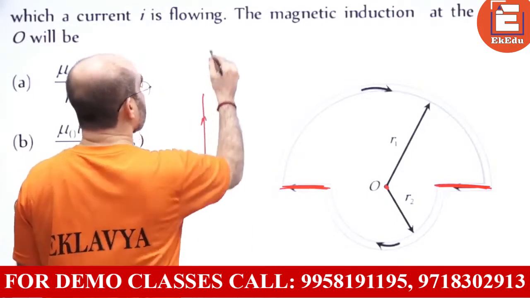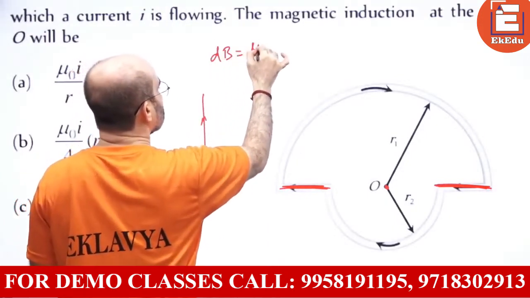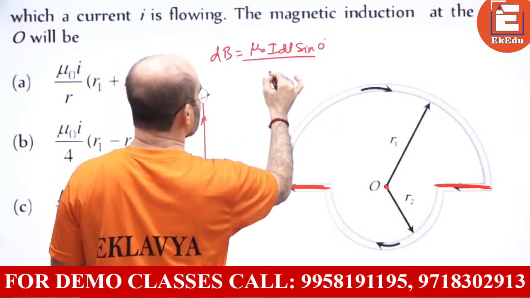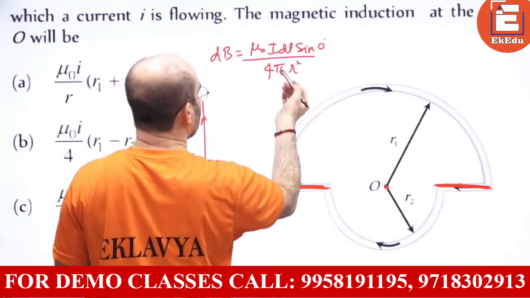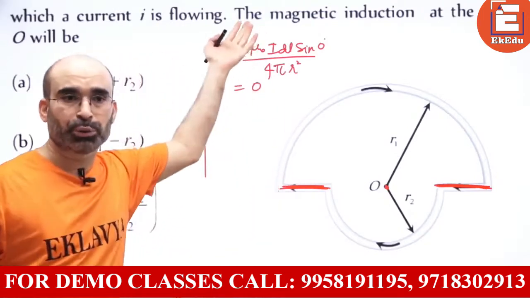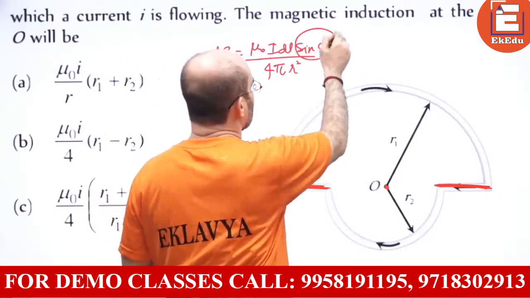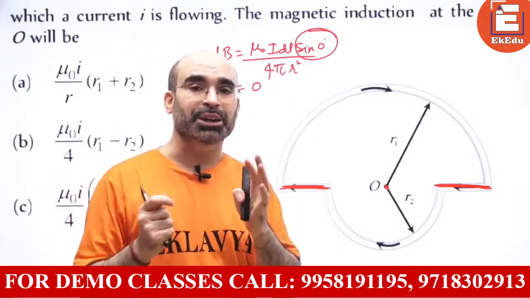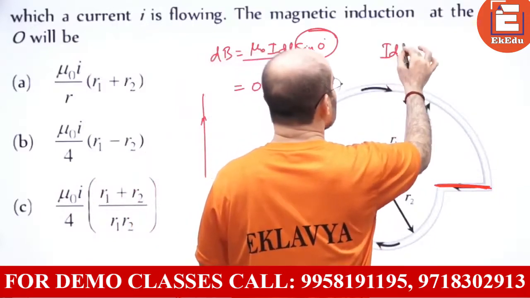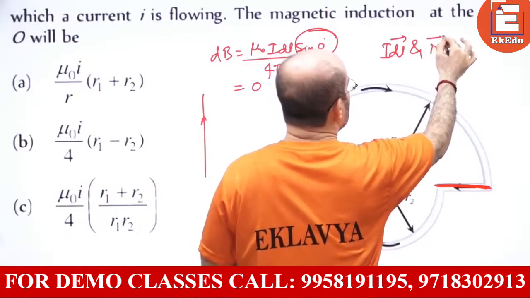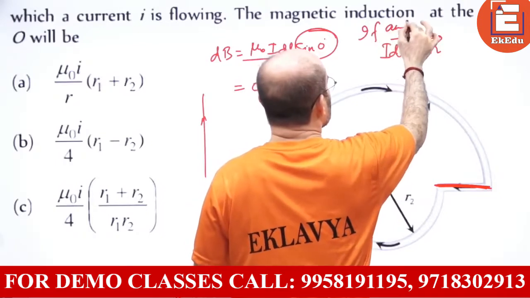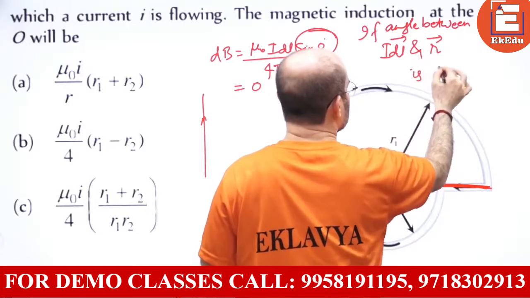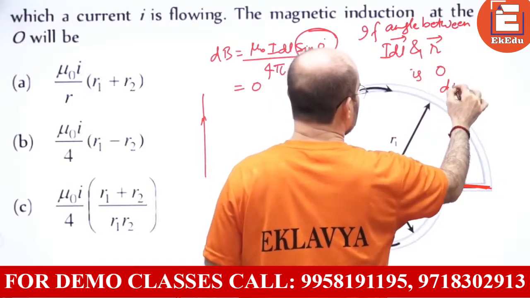We have dB equals mu naught I dl sine 0 degrees upon 4 pi r square, so this is going to be 0. If the angle between I dl and r is 0, then dB equals 0.